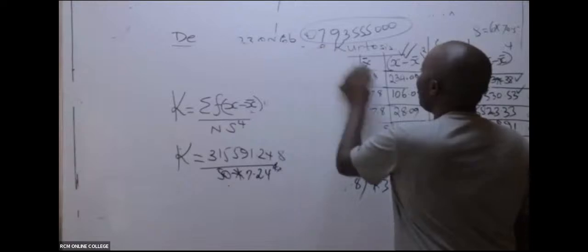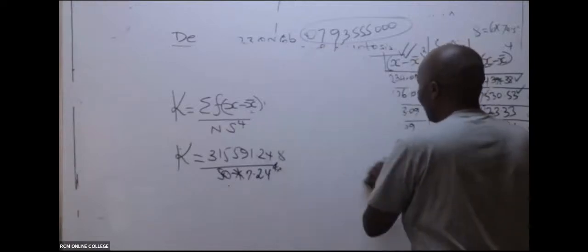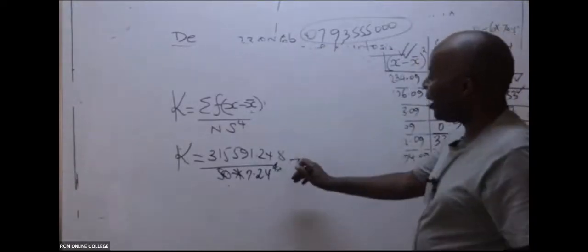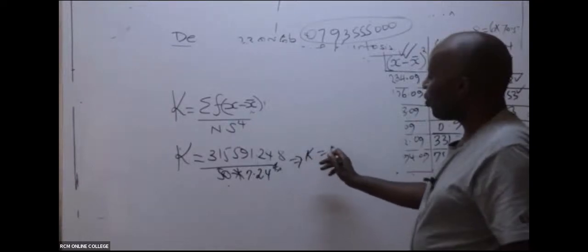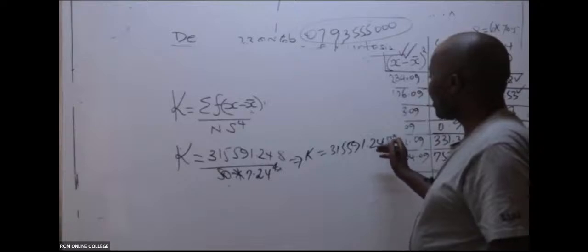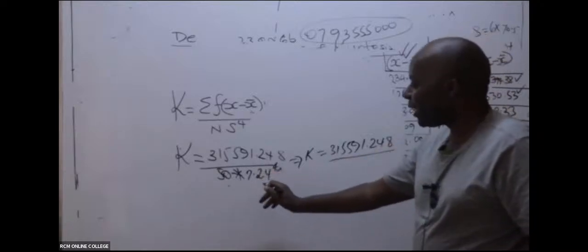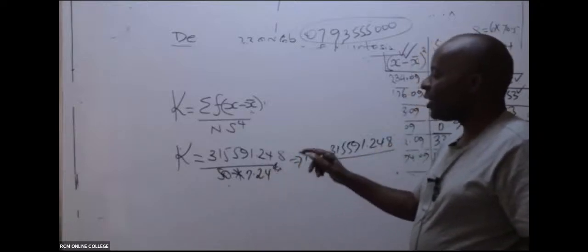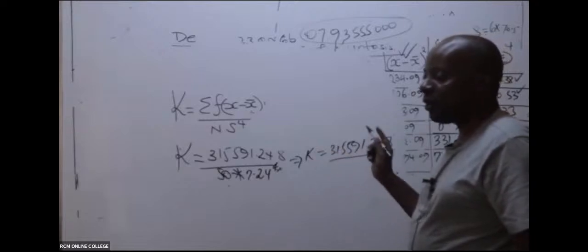So first of all, take care of your denominator separately. So come and tell me that K will be equal to 315,591.248. We divide this by 50 times this, so 50 times 7.24 raised to power 4.